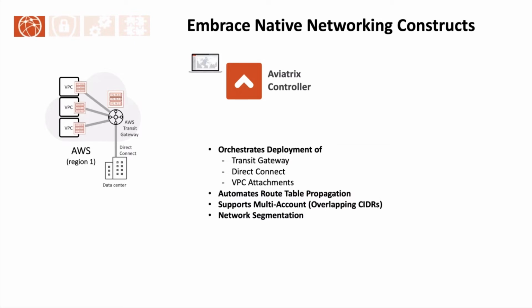We can support multi-accounts in this environment. So you can have overlapping CIDRs. For instance, having one account that has a VPC that has the same IP addresses as another account. We can manage all of the different accounts that your organization may have and give you a global visibility of how everything is connecting in the network. And then we can do network segmentation.